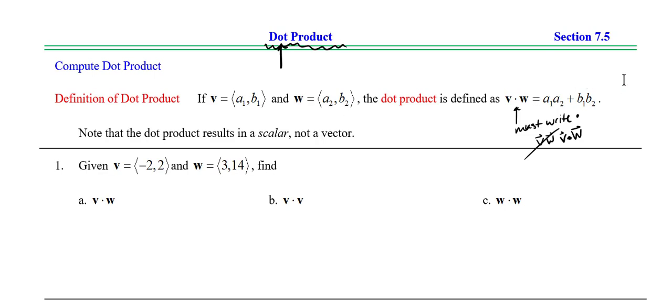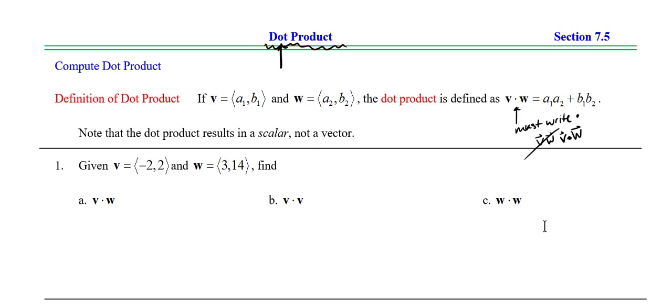So that's a pretty simple operation to compute, but notice here, the dot product results in a scalar value, just a number at the end, not a vector value. So you take two vectors v and w, their dot product, once you compute it, is just this scalar, a1 times a2 plus b1 times b2.